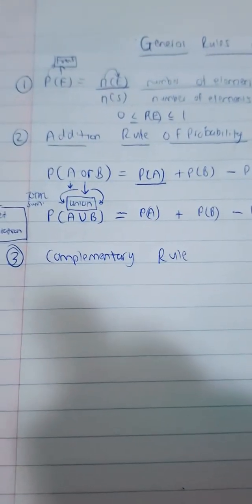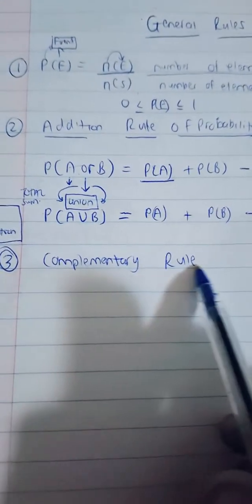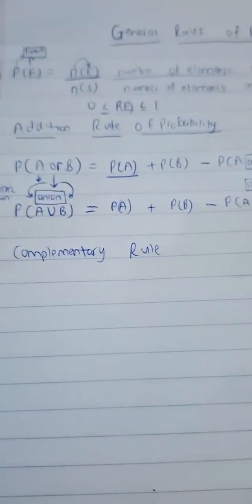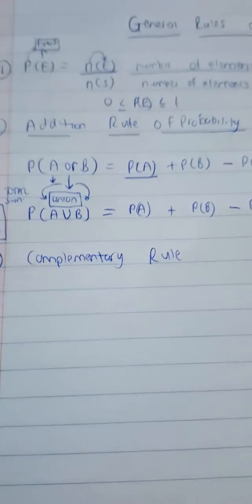Then we have something else that we refer to as the complementary rule, the complementary rule of probability.